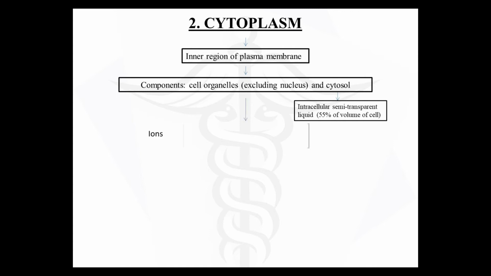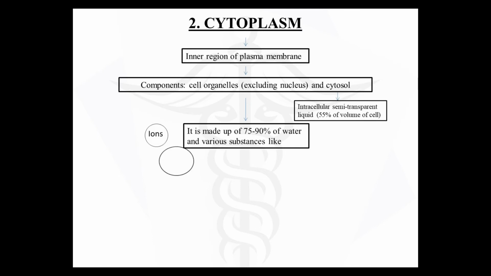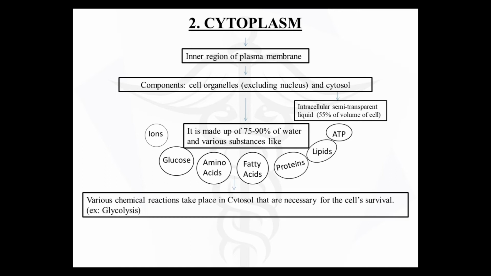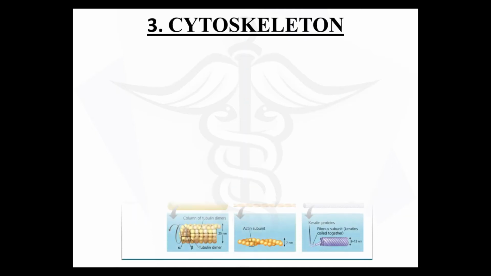It is made up of 75 to 90% water and various types of substances such as ions, glucose, amino acids, fatty acids, proteins, lipids, and ATP. In the cytosol, various chemical reactions take place which are necessary for the survival of the cell. For example, glycolysis. It also maintains the shape and general organization of cellular content and is also responsible for cellular movement.